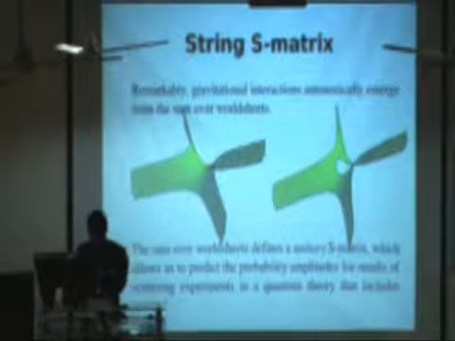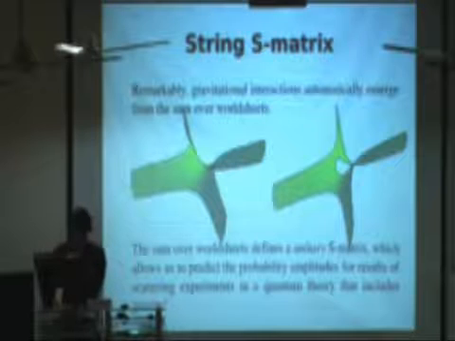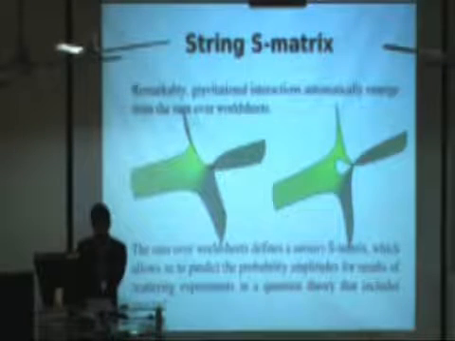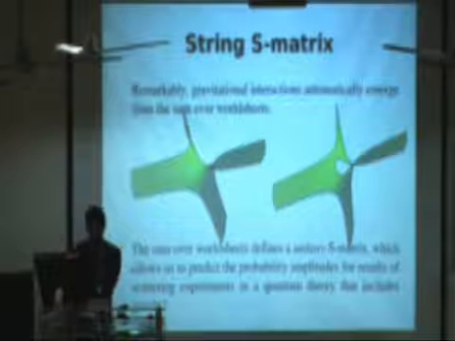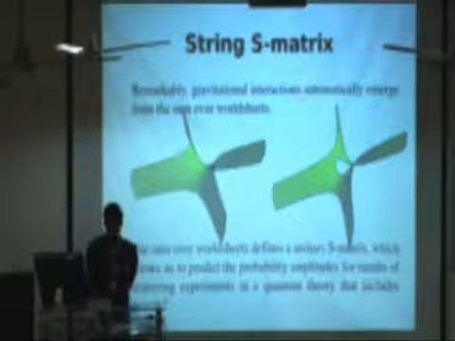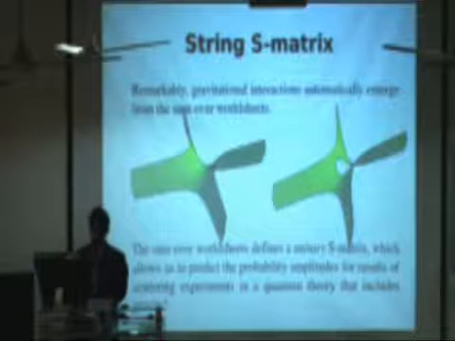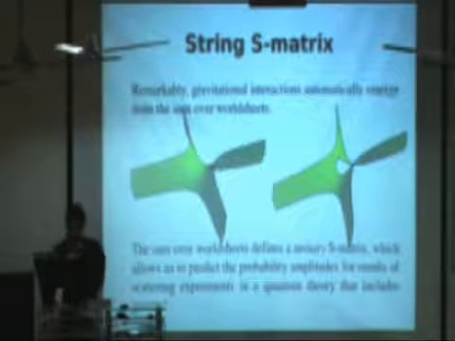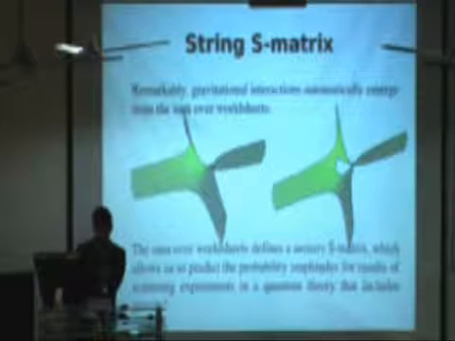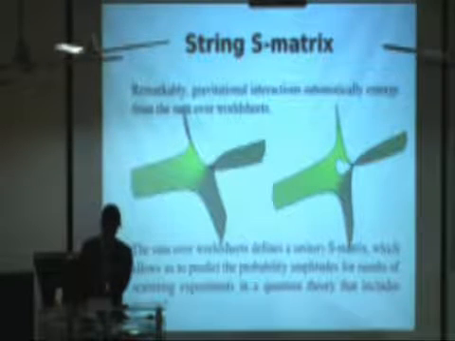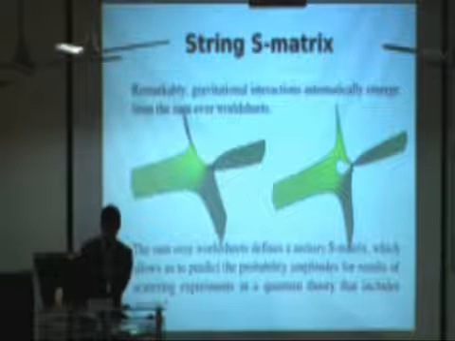And there's a price to pay for defining a consistent sum over world sheets, in the sense that one needs extra dimensions and supersymmetry, but as a matter of principle, the question is, can we define a unitary quantum theory that includes gravitational interactions? So the point is, the sum over world sheets defines a unitary S matrix, which allows us to predict the probability amplitudes for any scattering experiment in this quantum theory, which includes gravity.